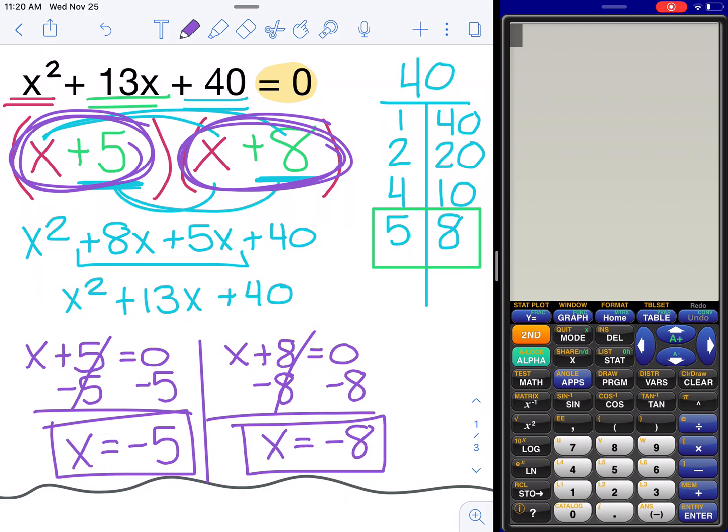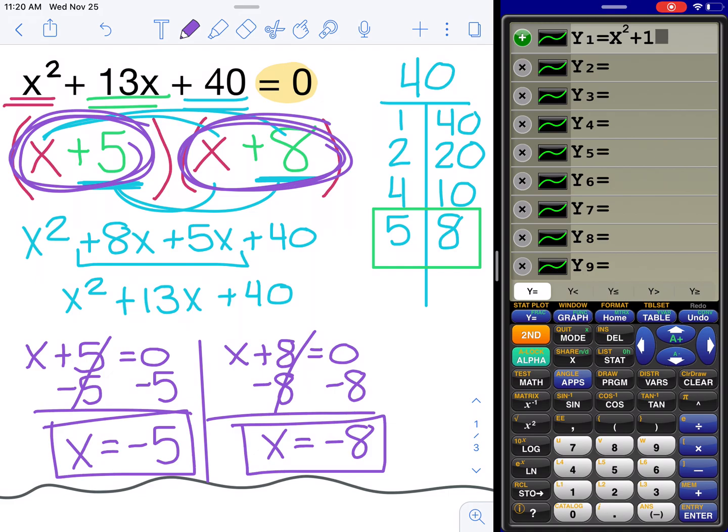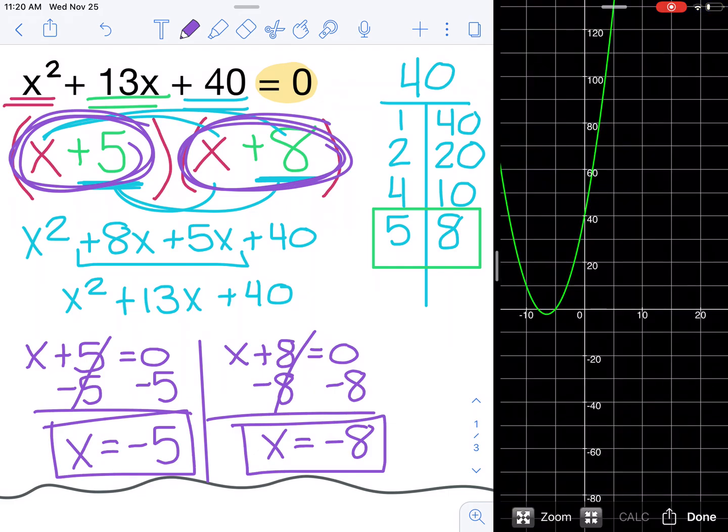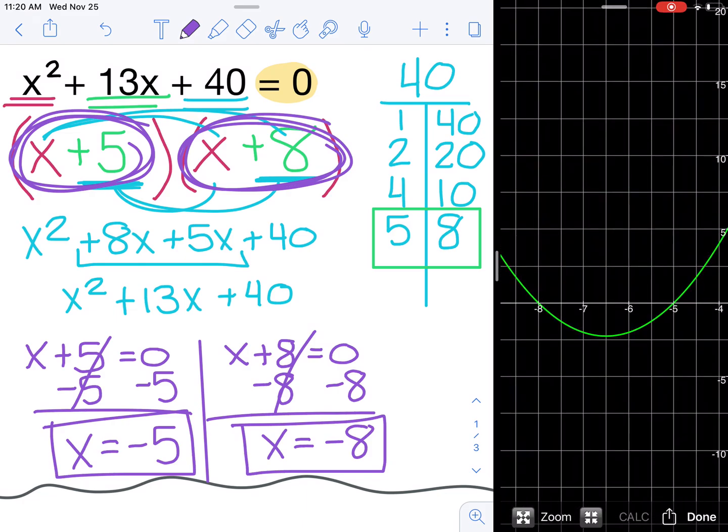If you want to check this, this is an amazing time to use your graphing calculator. This is a really great tool. I'm going to type in my original quadratic equation. So I'm going to have x squared plus 13x plus 40. I'm going to graph it, and I'm going to zoom in to make sure that I have the zeros that I want.